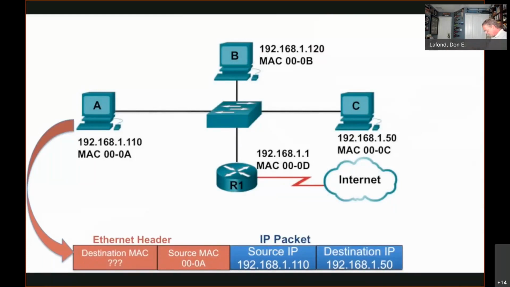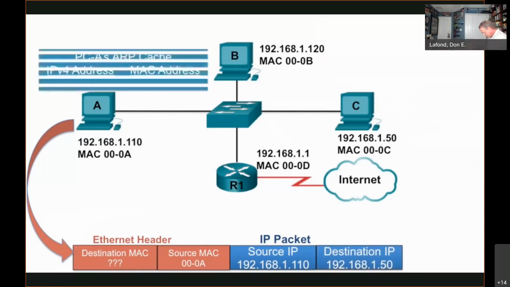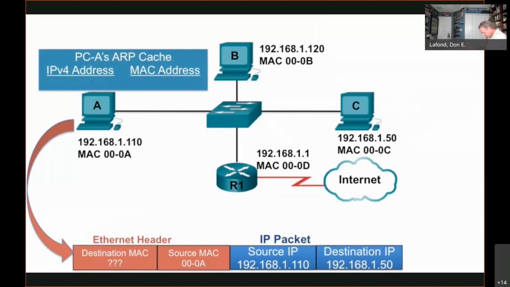Because the source and destination IP addresses are on the same network, the destination MAC address will be that of the destination IP address of PC-C at 192.168.1.50. So PC-A checks its ARP cache for the IP address 192.168.1.50.